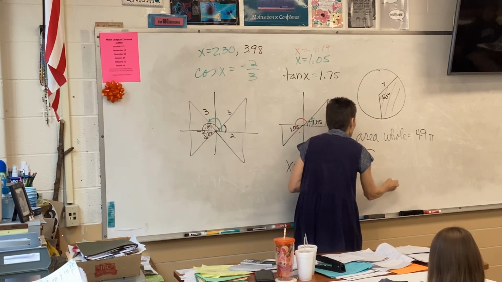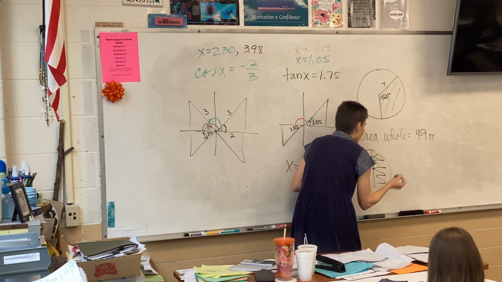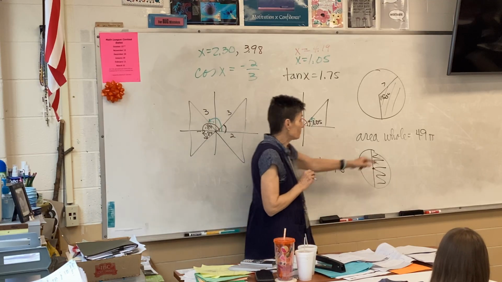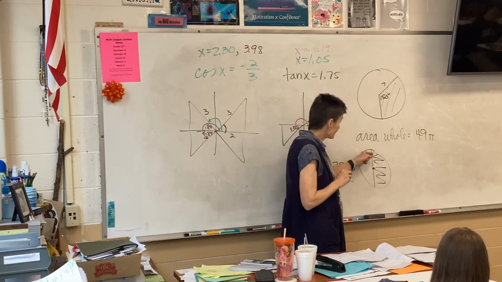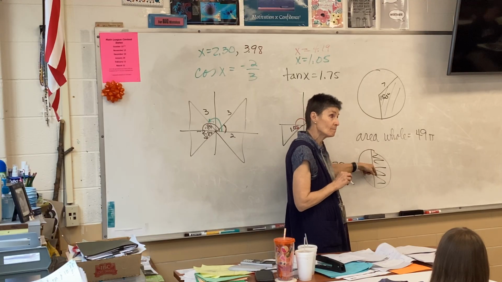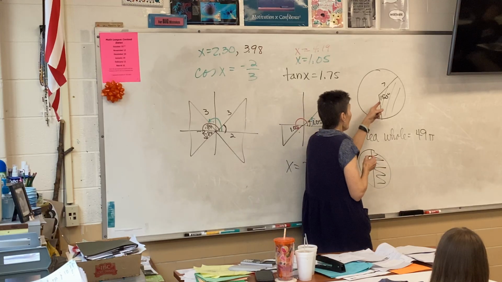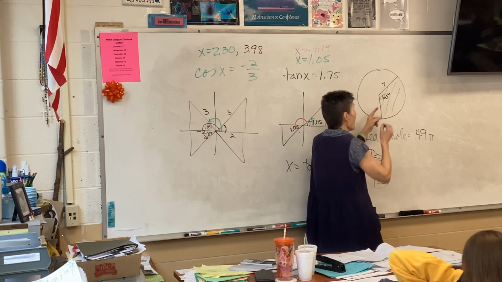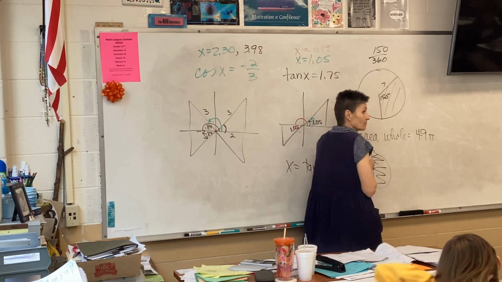So what if I did this and said, okay, what's the area of that sector? 24.5. That would be half, right? Why would it be half? Because this angle is 180, and 180 is half. Well, wait, what fraction of the whole circle is that? Isn't it 150 over 360?